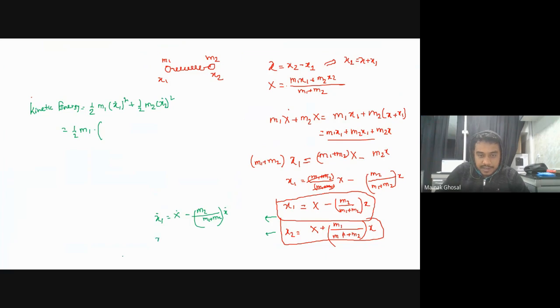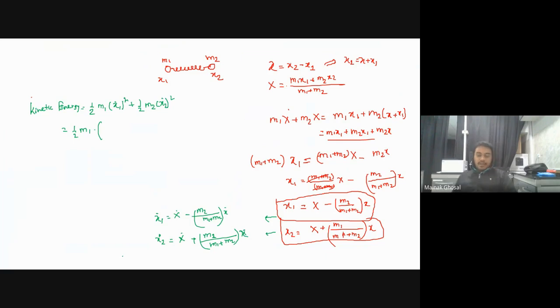Similarly, x2 dot, that is dx2 by dt, will be X dot plus m1 by m1 plus m2 into small x dot.